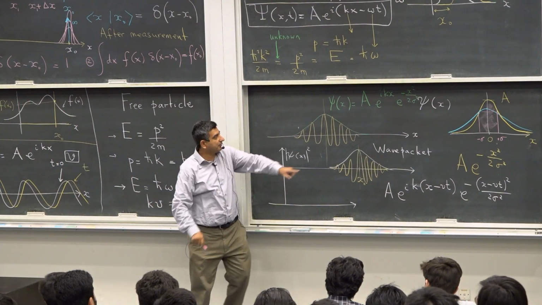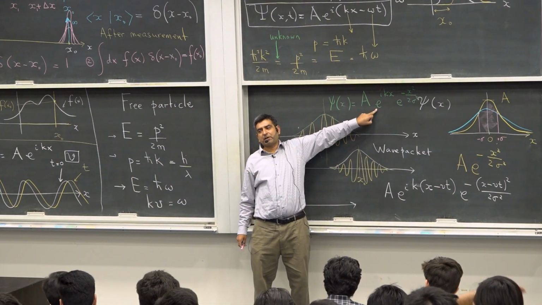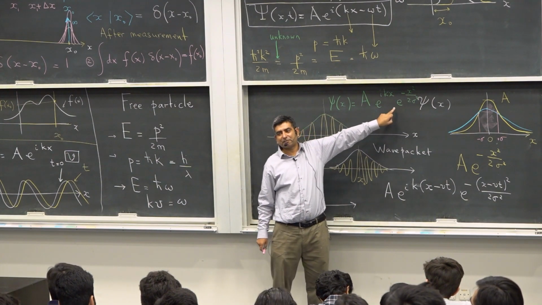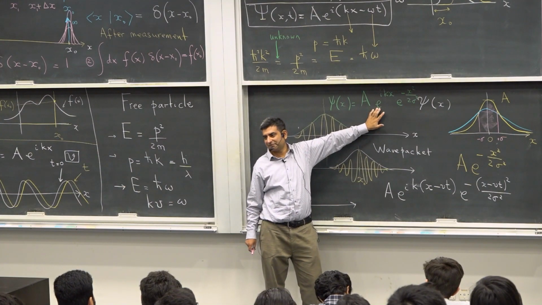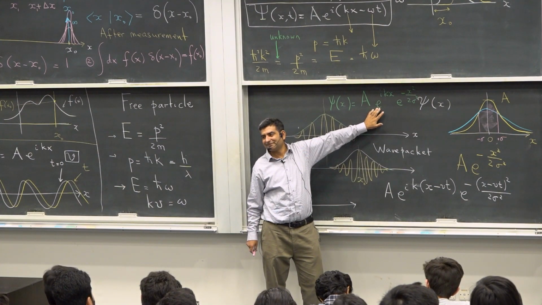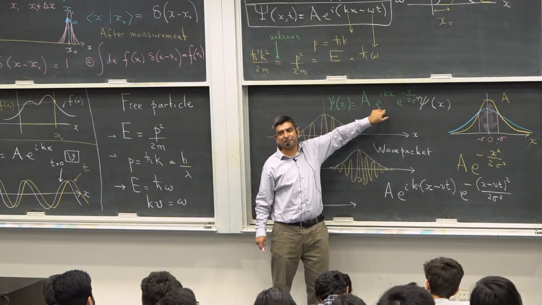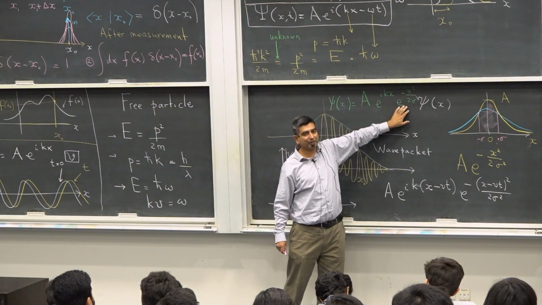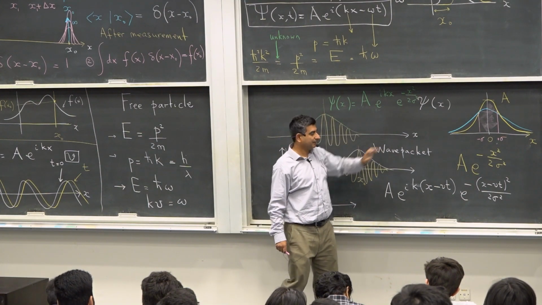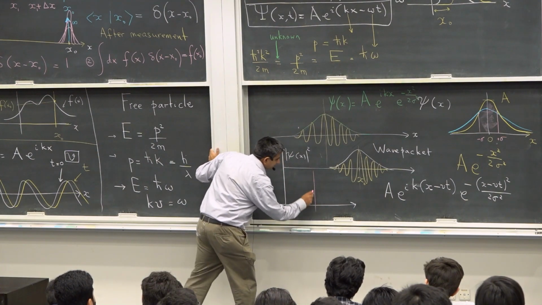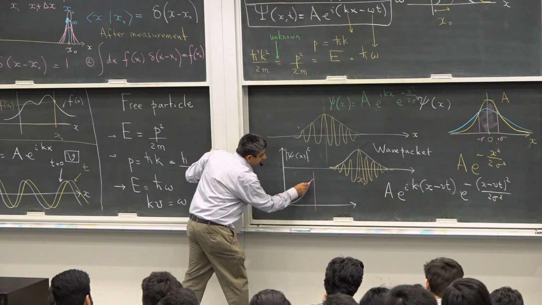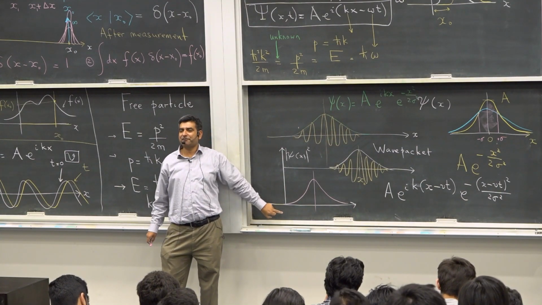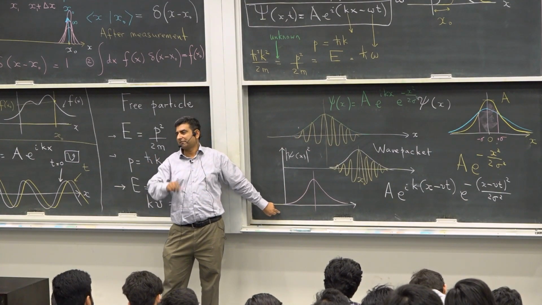Only the envelope will appear, because remember, this is the plane wave part, this is the Gaussian part. So you take the modulus square, this thing goes away. Modulus square of e^{ikx} is 1. So it will really be A squared into the square of this. I will just have the envelope. This is the probability density function for a wave packet.